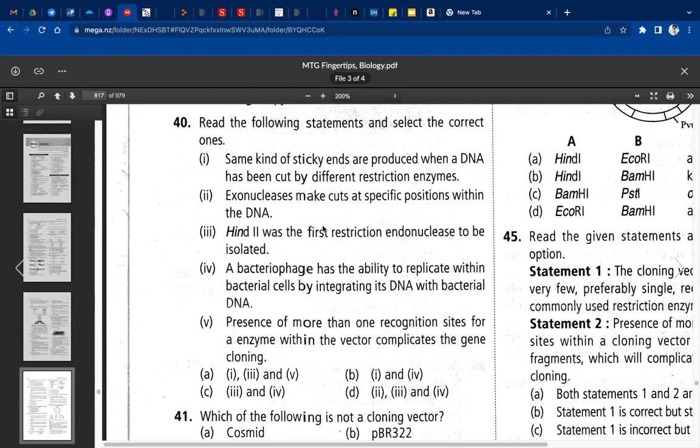Yes, sir. So which enzyme? Yeah, so this is to trick you, because most of the time while studying NCERT, we always talk about the significance or importance of restriction enzyme. So we always say that there should not be more than one site, there should not be more than one cloning site, because if you create a cut at two places in the plasmid vector, the plasmid vector will become two linear pieces of DNA, which is useless to us.